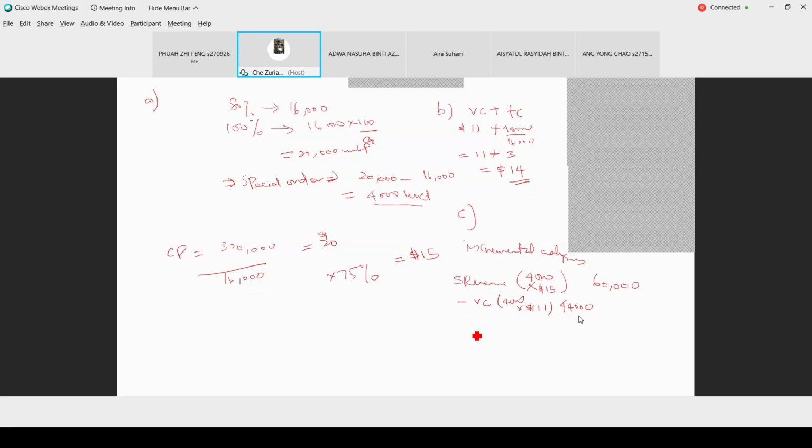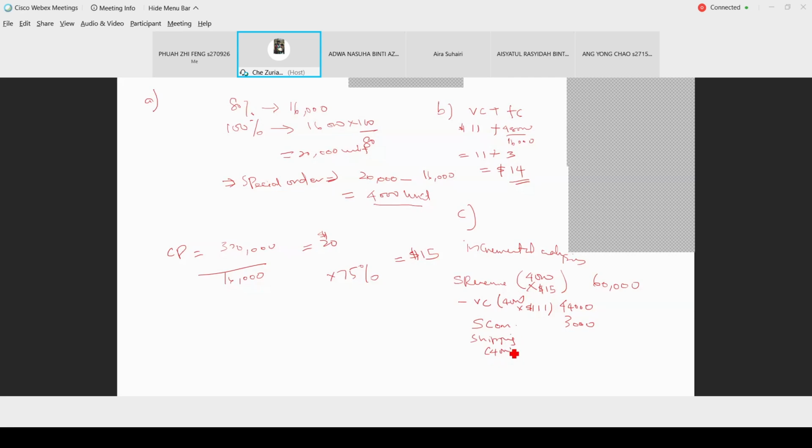And then you also will include the relevant sales commission. Mention there kan, sales commission 3,000. Okay, and then what else? Shipping overseas. Okay, shipping. Dia kata $2.